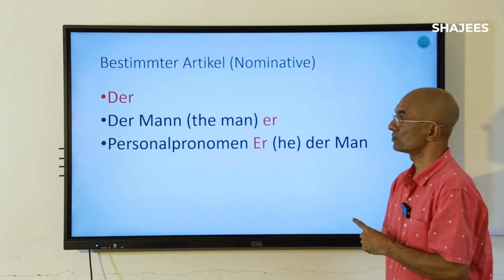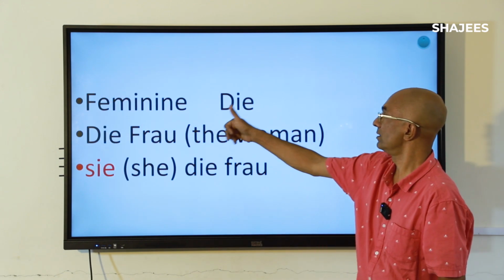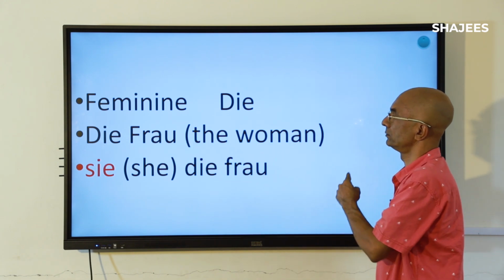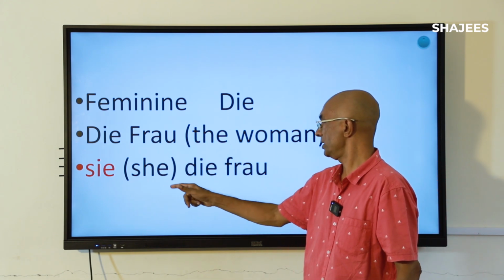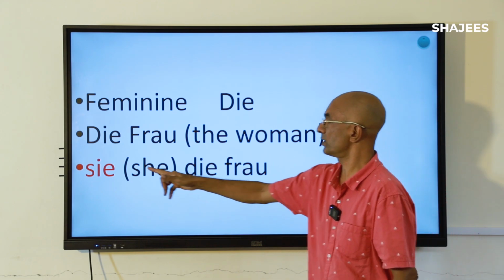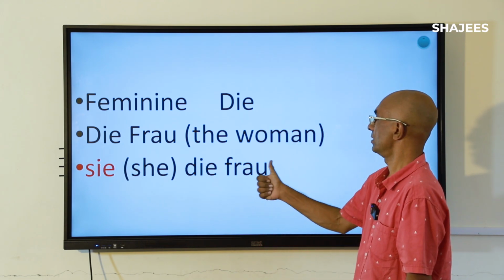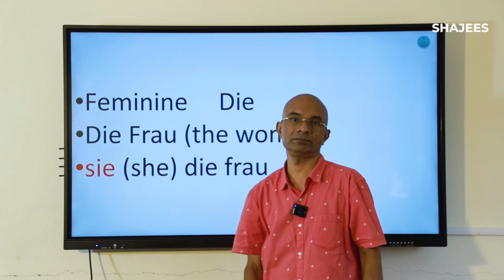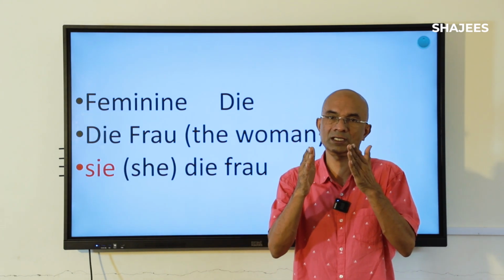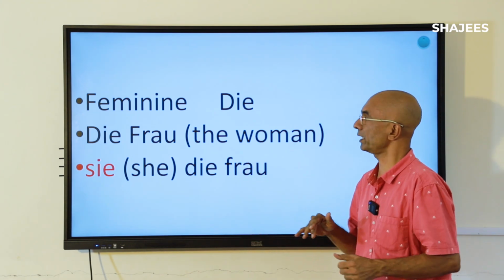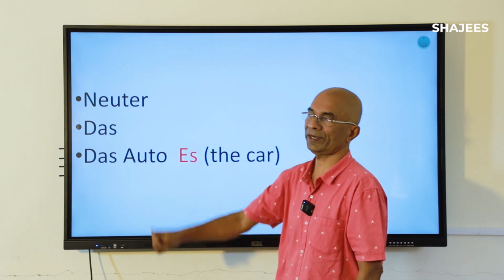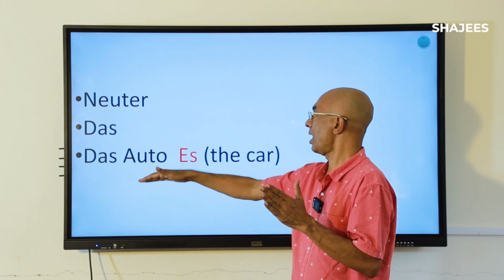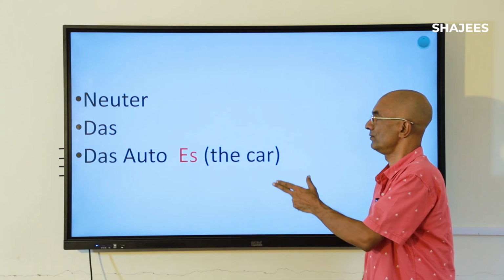Clear? Next one, feminine, die Frau, the woman. That is sie, she, die Frau. You remove the D and put an S here. So sie, die. Next one, neutrum, neutral gender, that is das. Das Auto, the car. That is es.